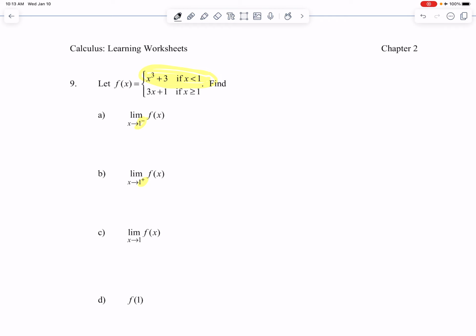That tells us the limit of f of x is going to give us the limit as x goes to 1 of x cubed plus 3.